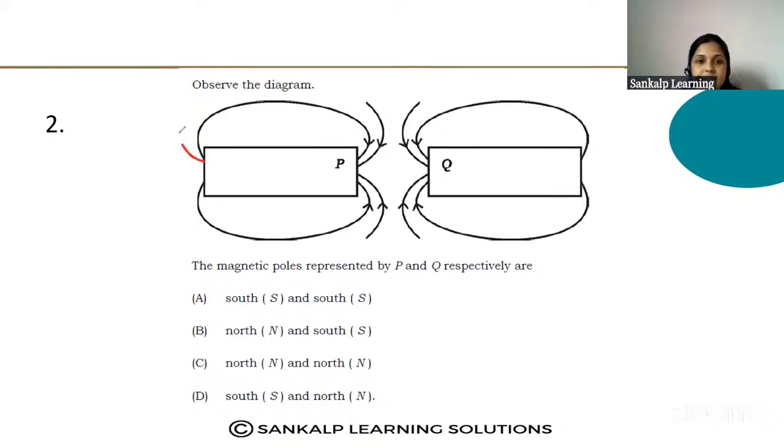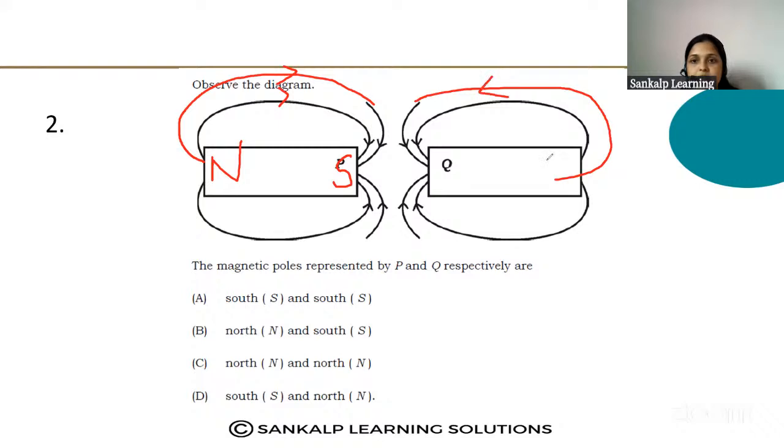They are extended like this, so you can see the arrow mark like this. Always the magnetic field lines extend from the north pole to the south pole.